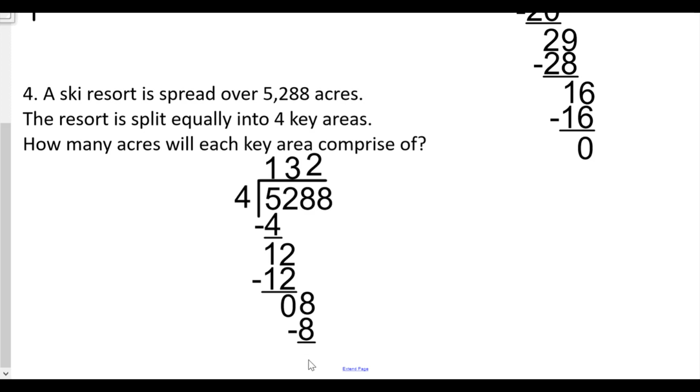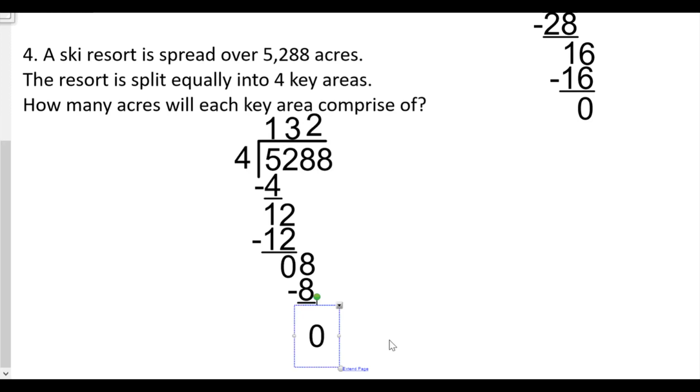Once again, I get a 0. Bring down my other 8. 4 goes into 8 2 times again. I'll line these up a little better. And once again, I'm going to subtract, because 4 times 2 is 8 again. And 8 minus 8 is 0.